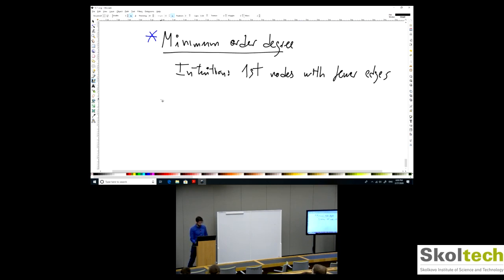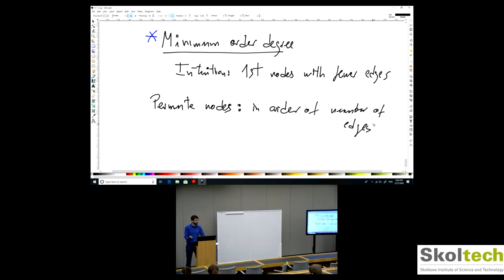So then I'm going to start with a very simple heuristic. We are going to permute nodes, for instance, in order of number of edges, right? This is a very simple heuristic.